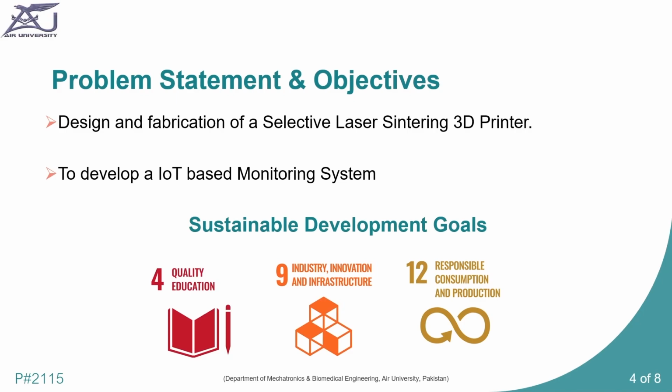In SDG 4, quality education, our aim is to build a low cost 3D printer that helps students learn how a 3D printer works. In SDG 9, industry uses SLS 3D printers to build complex geometry parts. SDG 12 is responsible consumption and production. We decided to recycle the powder to build another part.